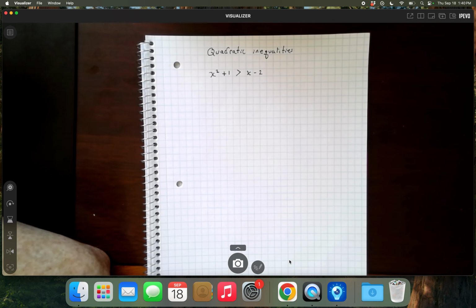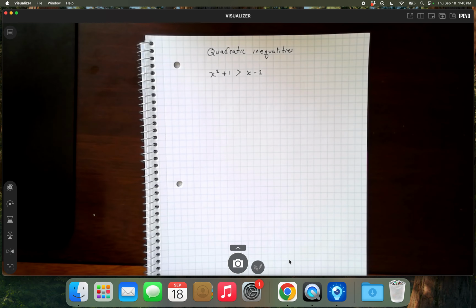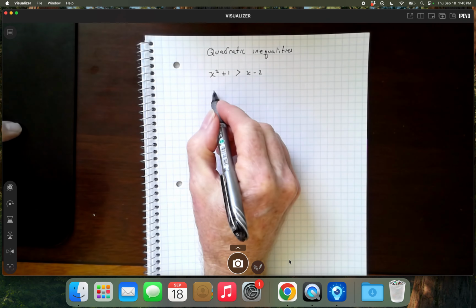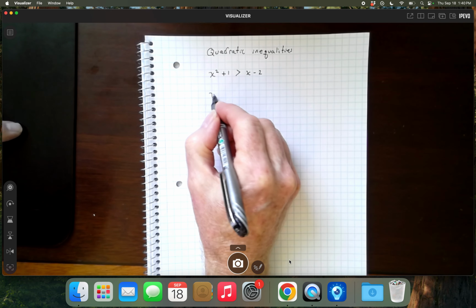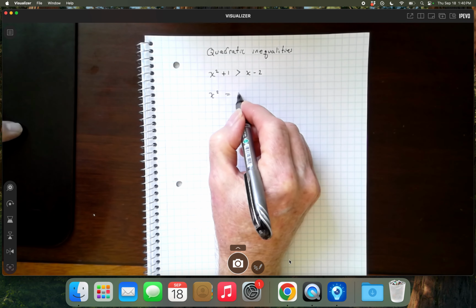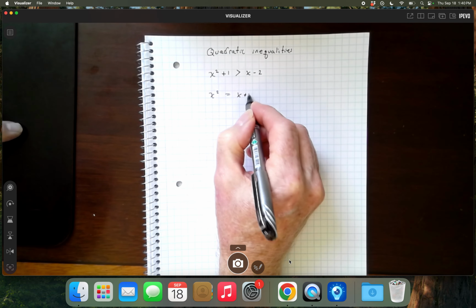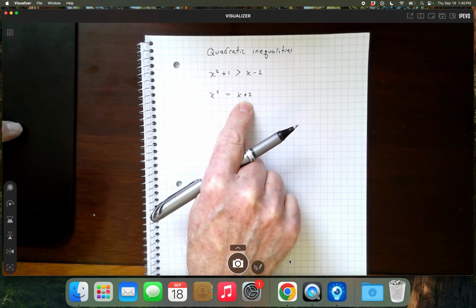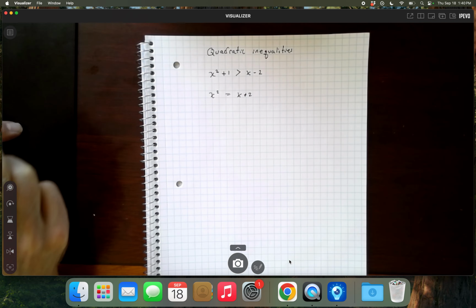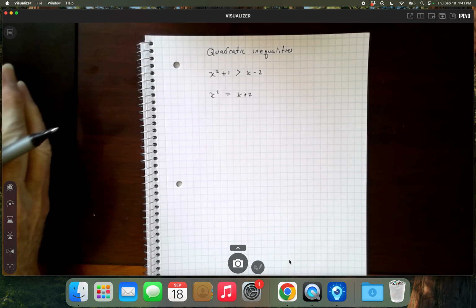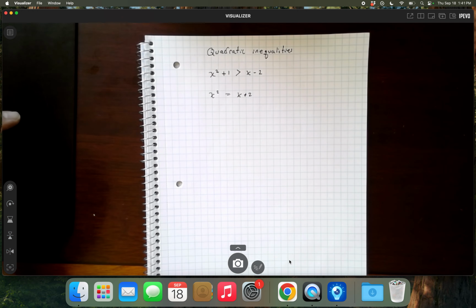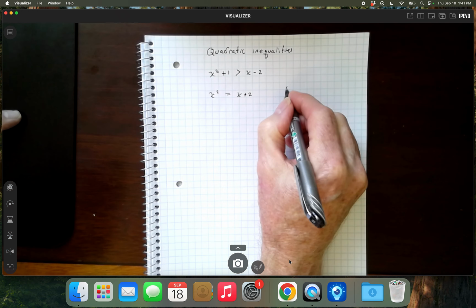Now, when you're solving a quadratic equation, you might notice what you do is you isolate 0 on one side. So if I have a quadratic equation, for example, x squared is equal to x plus 2, that's a quadratic equation. Unlike a linear equation where you isolate and solve for x, with a quadratic equation, you isolate 0.